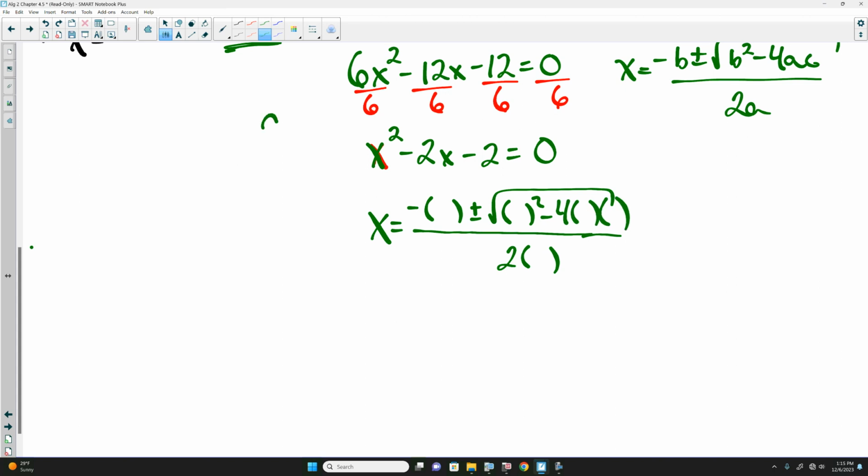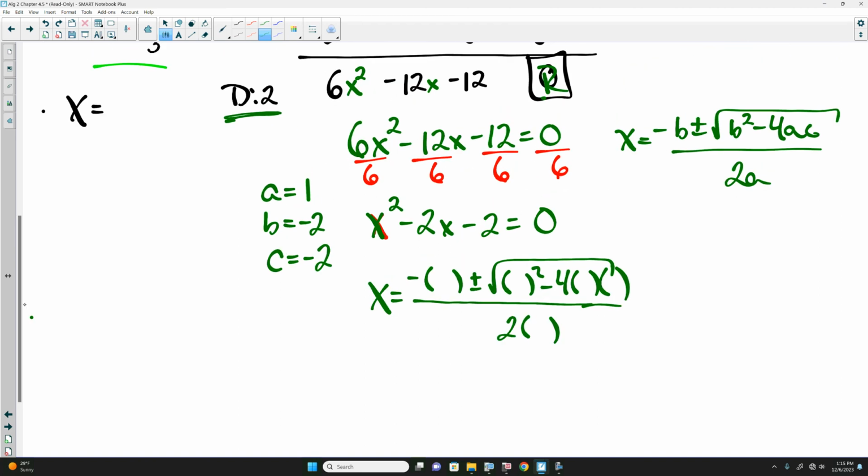Now our a value is the number in front of x squared, b is in front of x, and c is our term without a variable, negative 2. So we plug this in, negative b. So negative, negative 2.